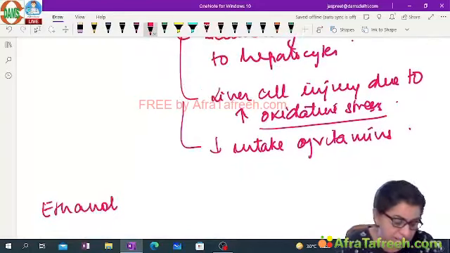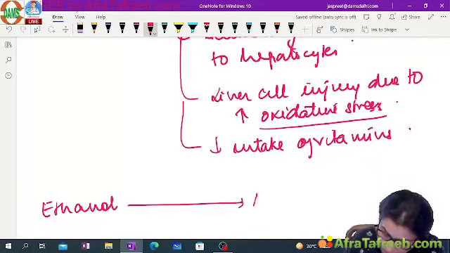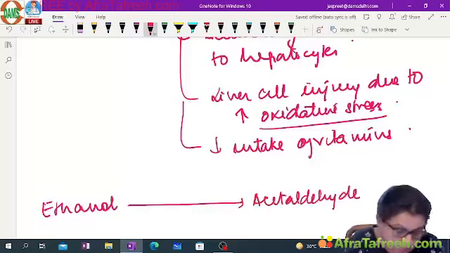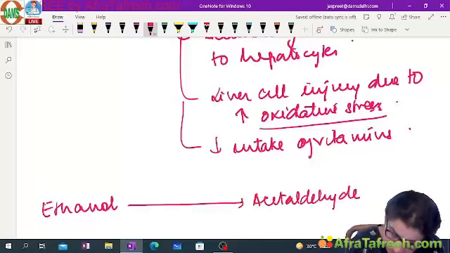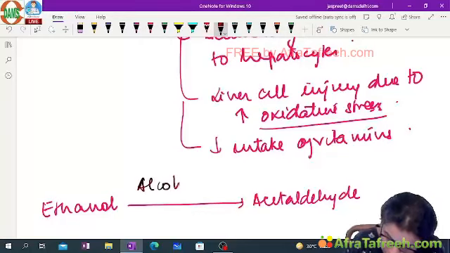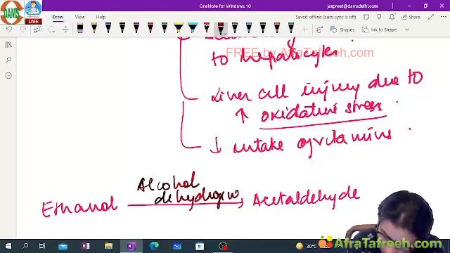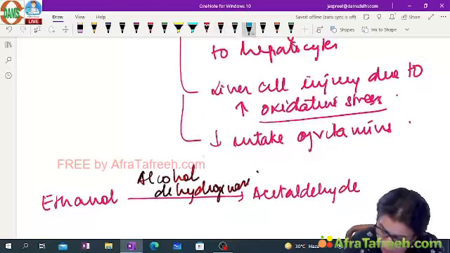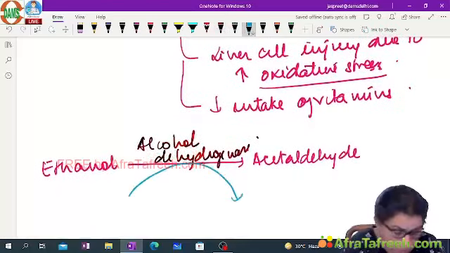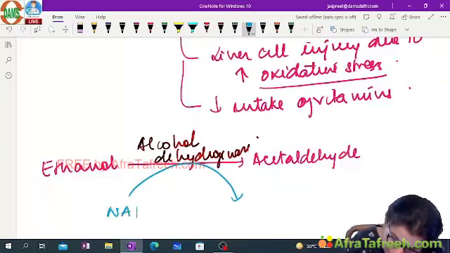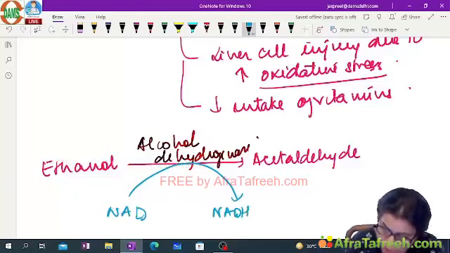When a person drinks alcohol, ethanol is first converted to acetaldehyde, and the enzyme that converts ethanol to acetaldehyde is alcohol dehydrogenase. When ethanol is converted to acetaldehyde, in this process NAD is converted to NADH.